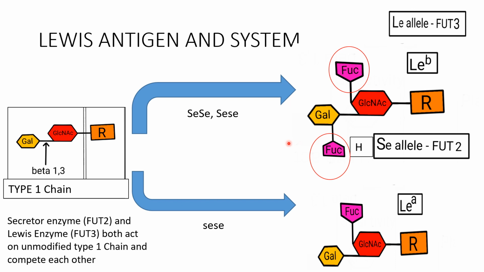You will never have Lewis B, because you don't have the secretor gene which is going to form the H antigen, and that is why this fucose is not added. The fucose on the subterminal N-acetyl glucosamine is a function of the Lewis gene and not the H gene. So I hope I'm clear on this.